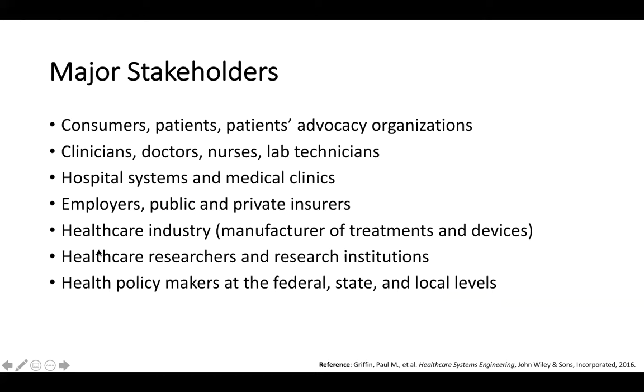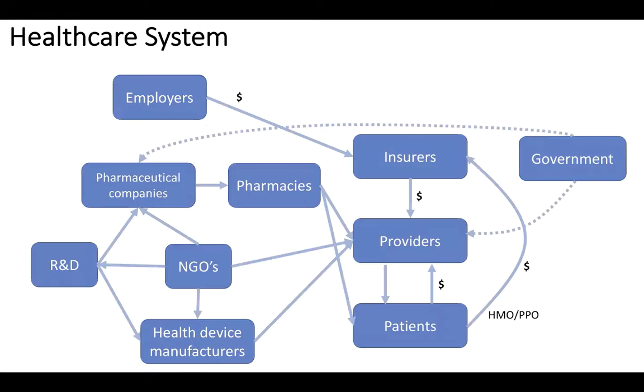I call them stakeholders or components: customers, patient advocacy organizations, clinicians, doctors, the hospital system itself, the buildings and all the labs, insurers and employers, the healthcare industry and all the manufacturers, healthcare research and all the R&D that happens, and finally government and all the policies that government puts in place to make sure that healthcare is provided to the population. These are some of the main components or main stakeholders in the system.